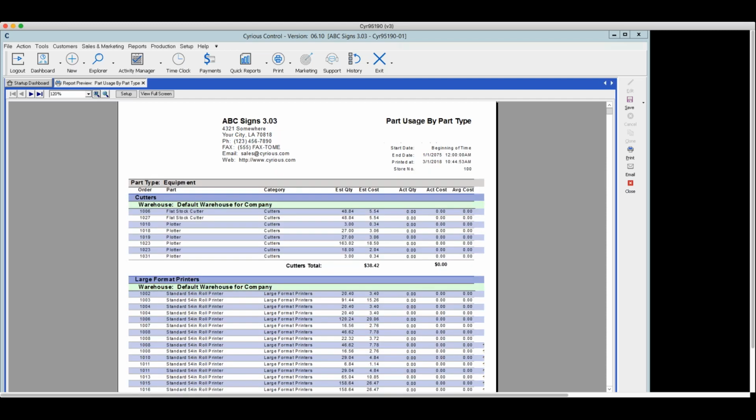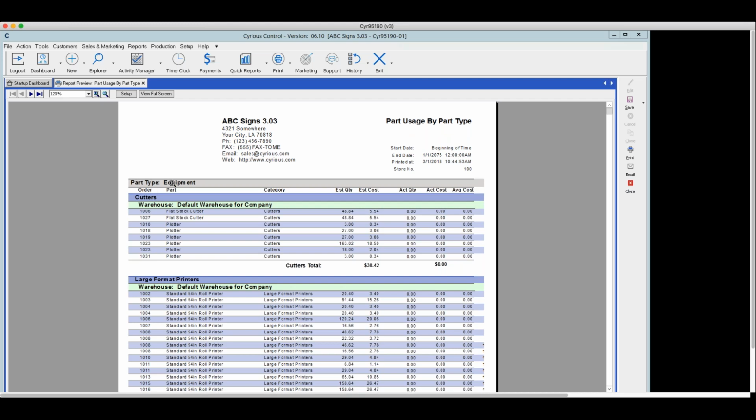Okay, this report here is where the source data for history comes from. The report is separated into the different types of parts.